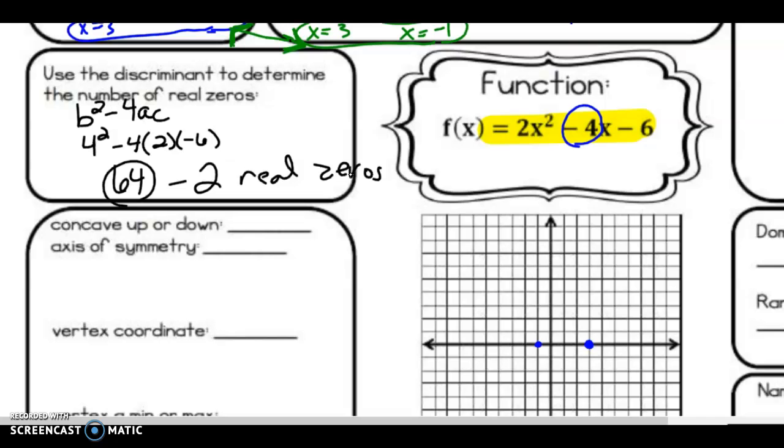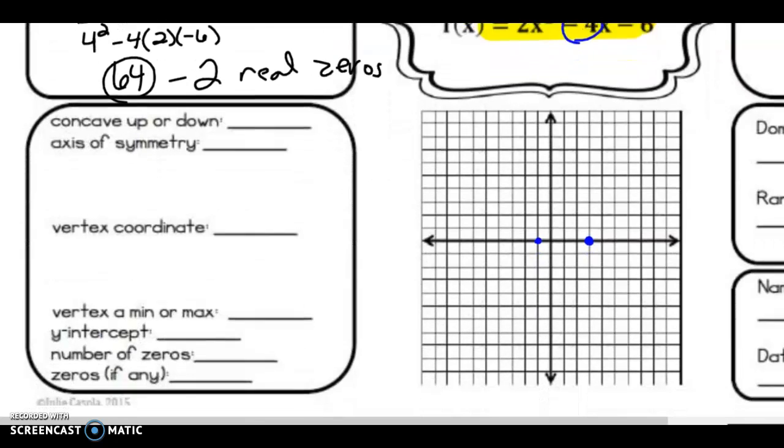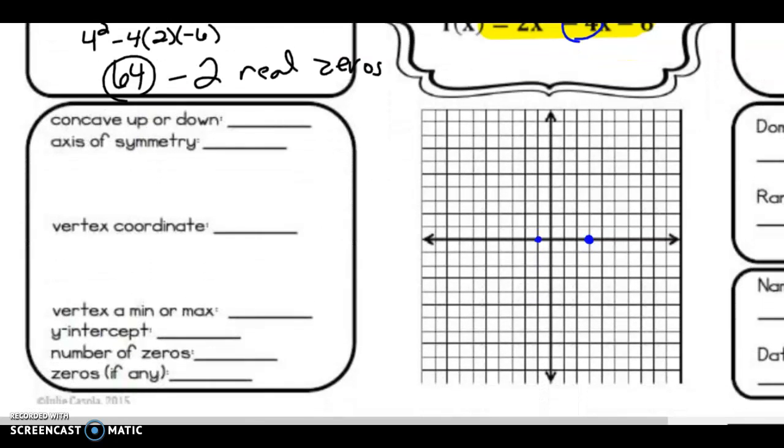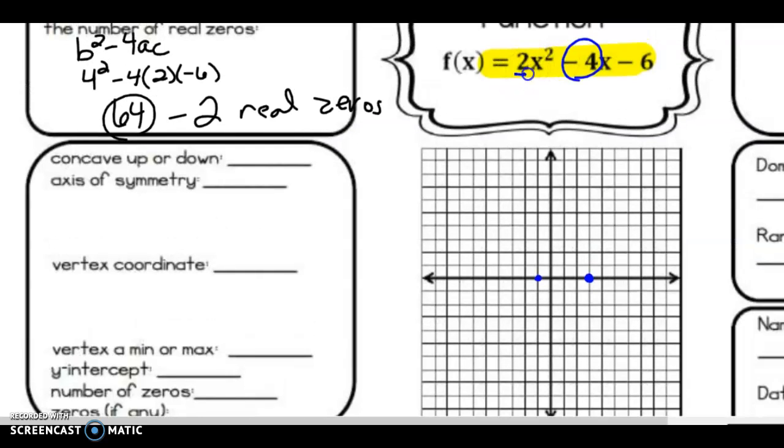Okay, on to the graph part of it, what we did earlier in the chapter. Would this be concave up or concave down? Since that 2 was positive, we say it's concave up, it's opening up. Axis of symmetry, that's where we go x equals negative b over 2a. So x equals negative b, so 4 over 2 times 2.